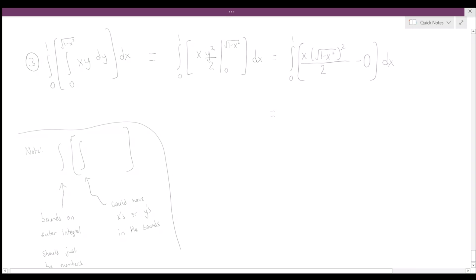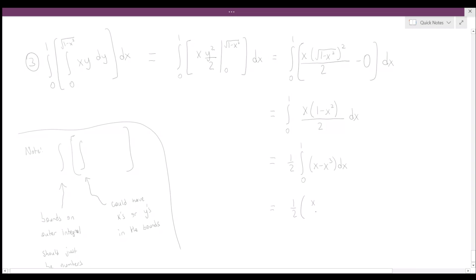And here it's nice because when you square the square root, they just cancel out. So now it's just going to be x times 1 minus x squared all over 2. Not a big deal, but maybe I'll pull out the 1/2 here, and then just distribute the x now. And from there, you're able to evaluate the integral, okay?